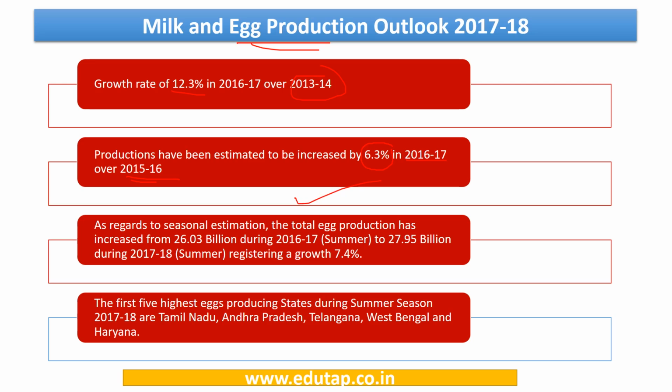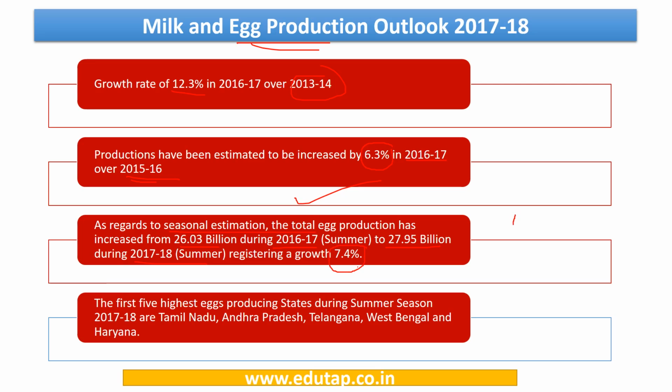Next, for seasonal estimation, egg production has increased from around 26 billion in 2016-17 to around 28 billion in summer 2017-18, and it has registered a growth of 7.4%.